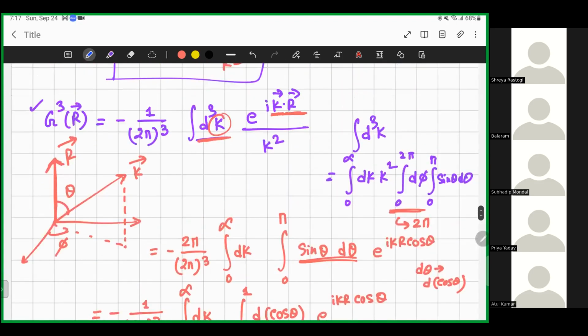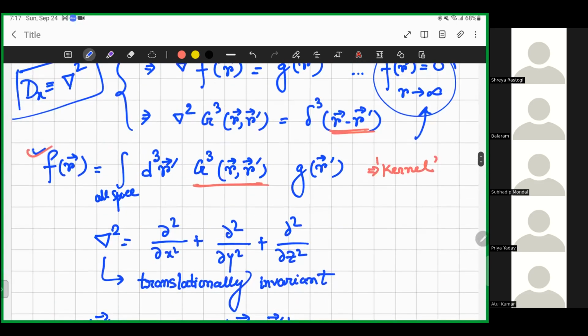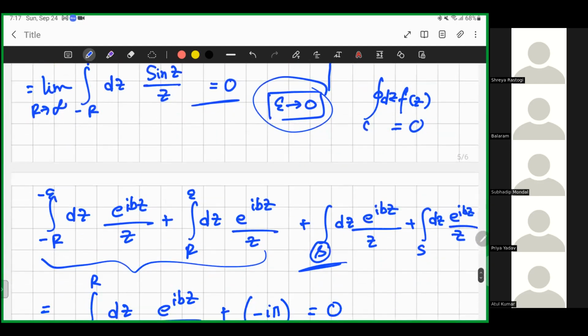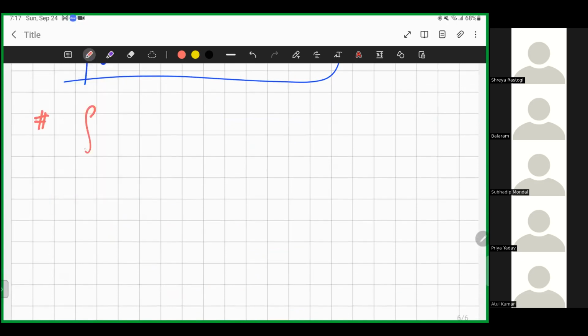We know the Green function. Now we have to put g in this equation, then f(r) will be obtained. So what will be f(r)? Let me write it in r, because we have already converted the form of the Green function from capital R to small r.